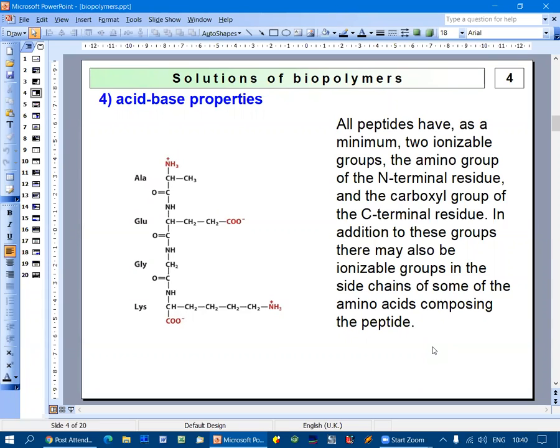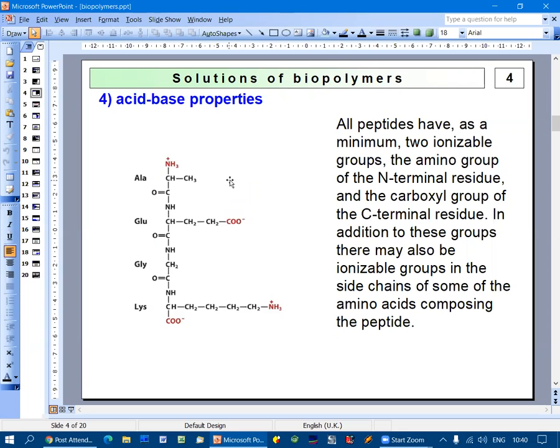But in proteins, the molecule of a protein has at least two functional groups, N-terminal NH2 group and C-terminal COOH group.